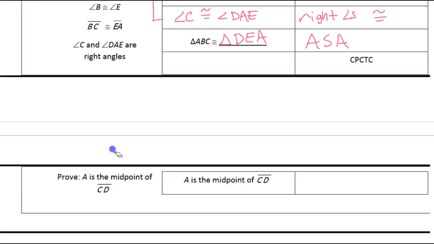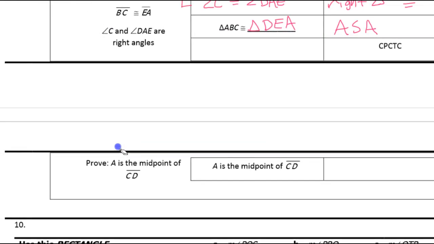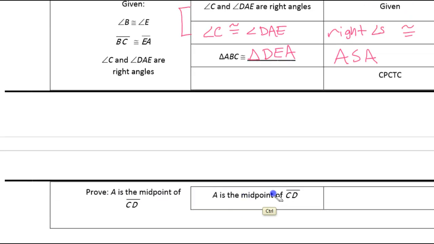That would be a little difficult, but it looks like it's just some bad formatting and it wound up on the next page. So we're supposed to prove that A is the midpoint of CD. Okay, so let's work backwards. What would it take for A to be the midpoint of CD?